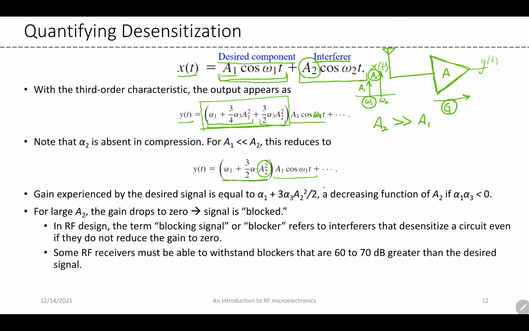So this is how gain compression affects real life systems, and this process whereby an interferer leads to the gain compression of a desired component is called desensitization of a receiver.